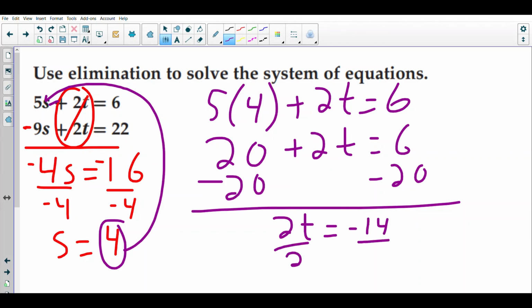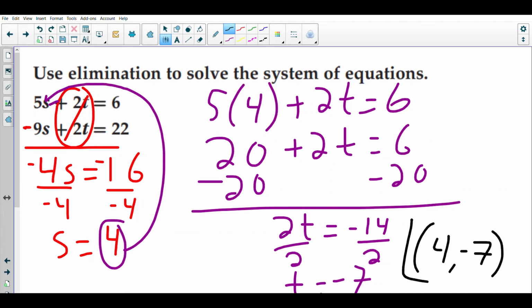Divide by 2. So t is equal to negative 7. So my final answer is 4, negative 7. Remember, if you're never sure which order they want, just stick with numerical order, or in this case, alphabetical order.